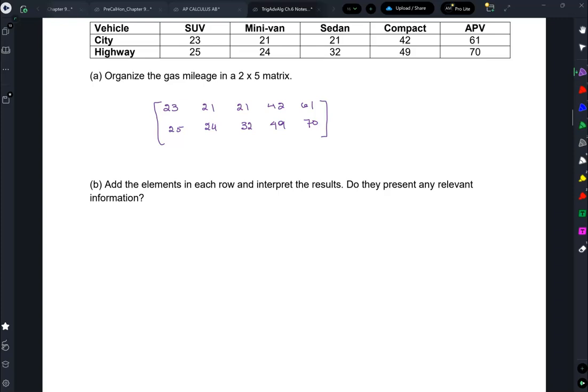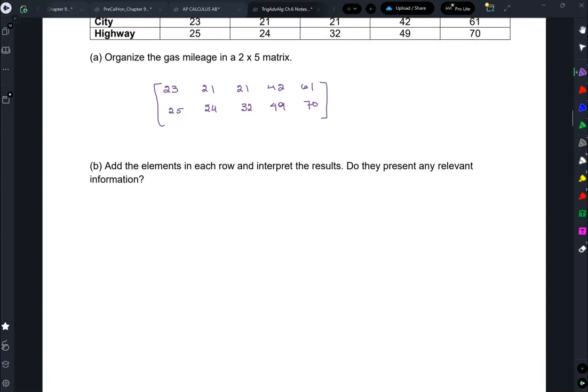All right, so right now it says add the elements in each row and interpret the results. Do they present any relevant information? So if we add the elements in the top row, you get 20, 40, 60, 120, 160, 168. And then for the bottom row, just add them up.